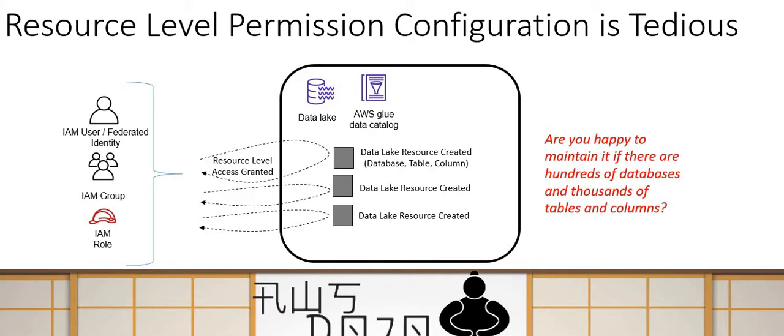So resource level permissions become a difficult task to manage if your number of databases, tables and users is very large. And this is the problem which tag-based access control tries to solve.